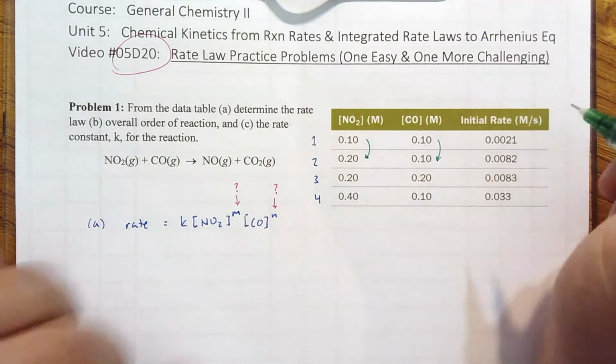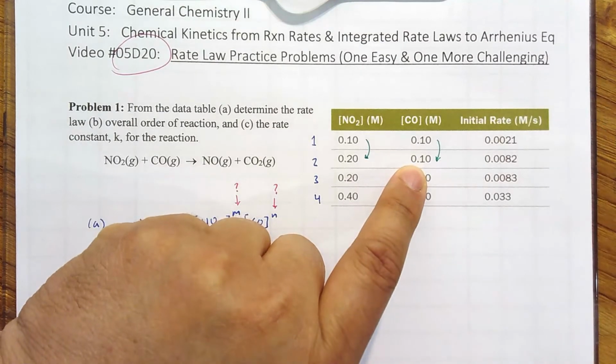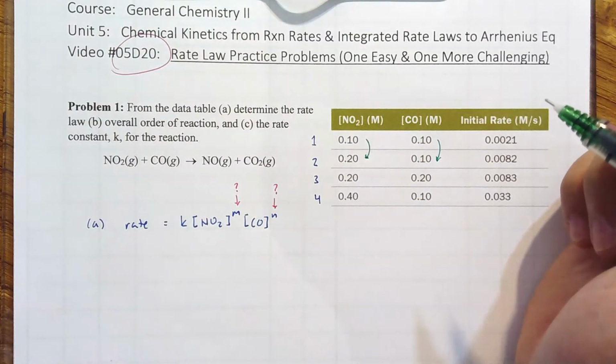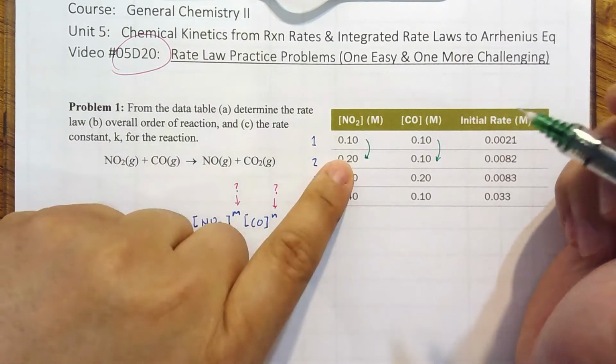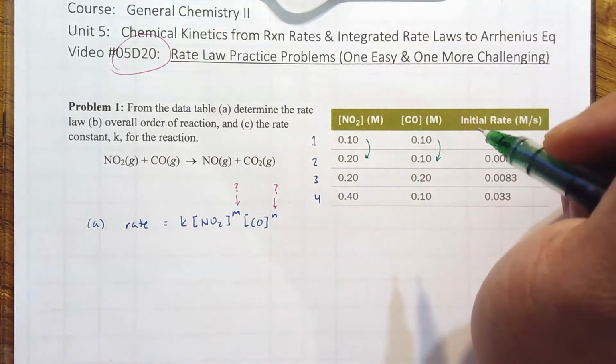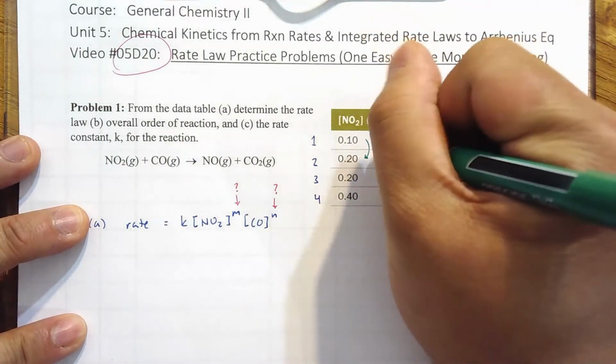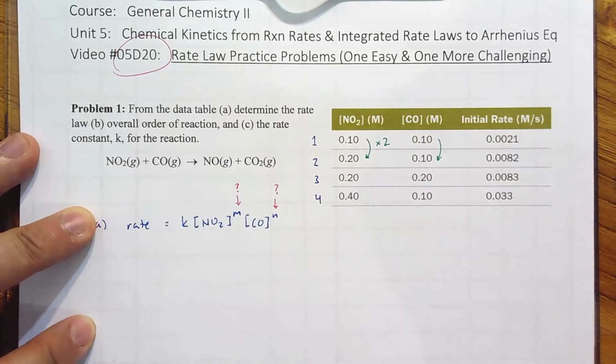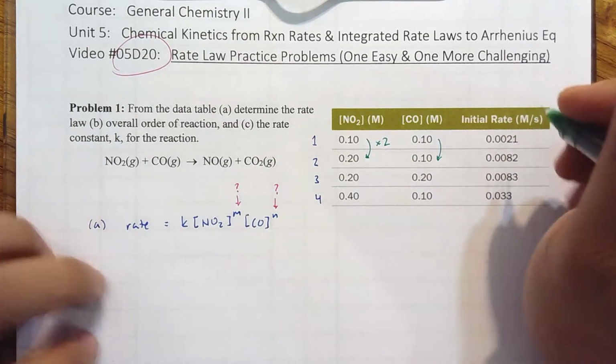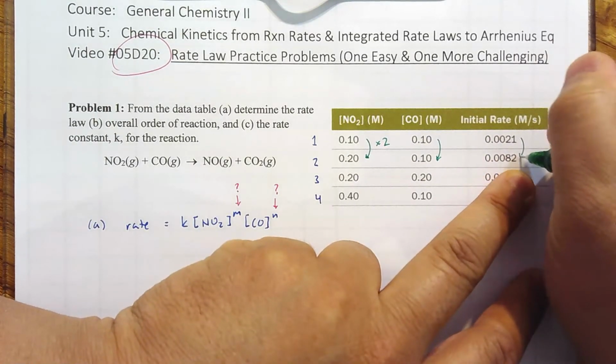because from trial 1 to 2 the concentration of carbon monoxide is identical, and here I'm going to do this the quick and dirty way. We multiplied it by 2. What do you notice about the initial rate here?